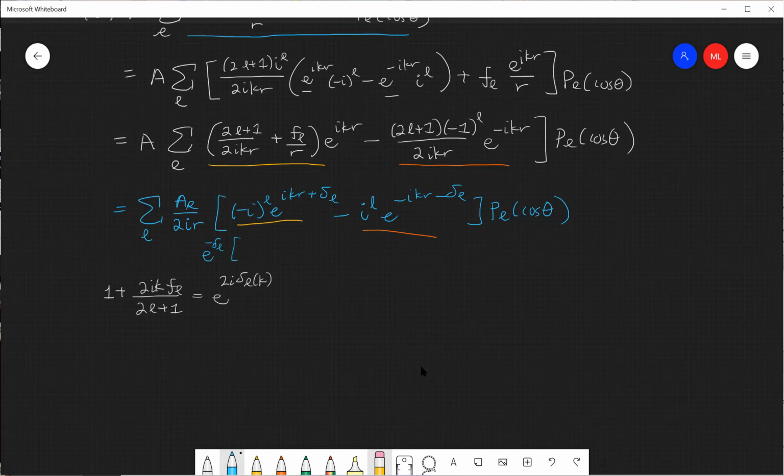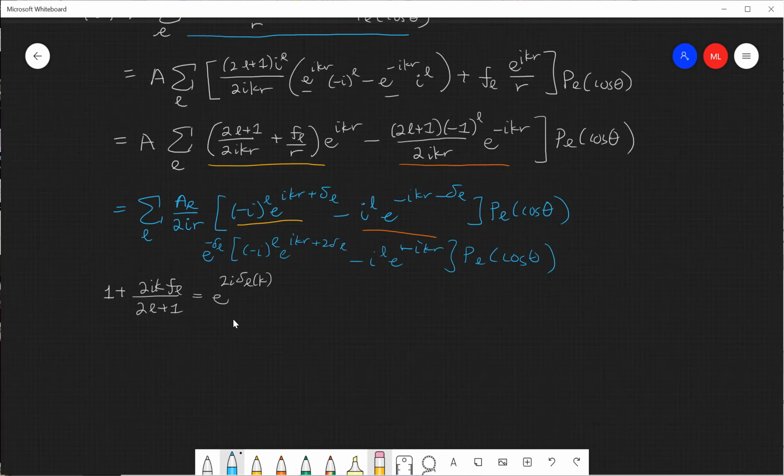And then this becomes minus i to the L, e to the iKr plus 2 delta_L, minus e to the i to the L, e to the minus iKr. And then we could start comparing these to each other. It's just some algebra. And from this first column, you get this relationship. These two terms have to be equal to the stuff in here, and that gives you this equation.